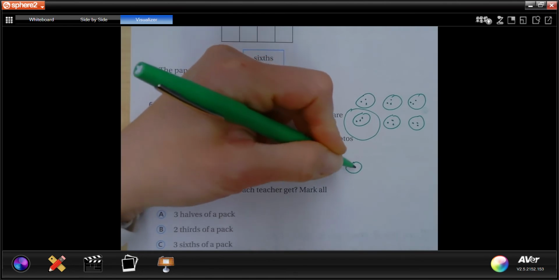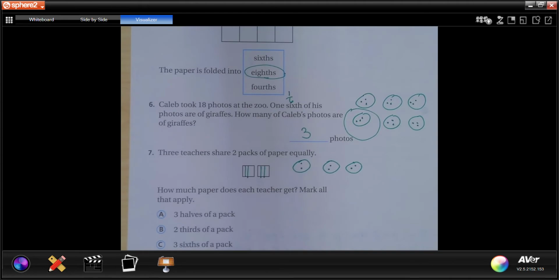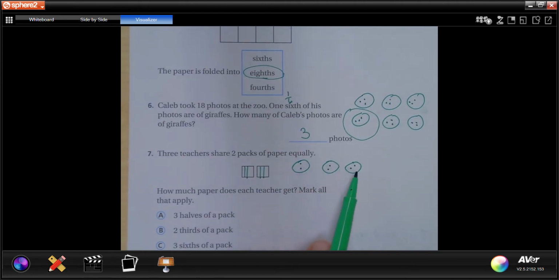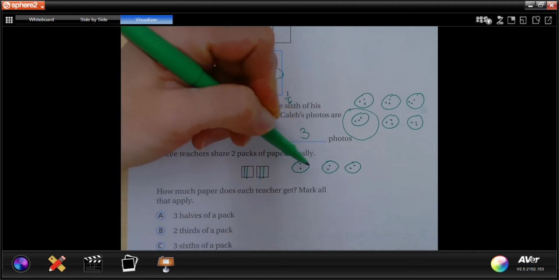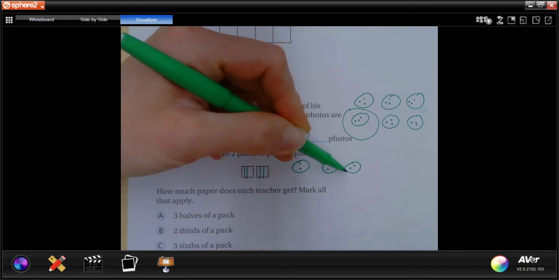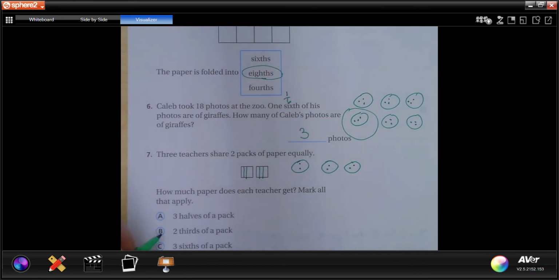Okay, so each teacher, 1, 2, 3 teachers, and they're sharing all of these pieces equally. Each teacher, there's 3 teachers, 1, 2, 3, and they each get how many? 1, 2. They each get 2 thirds of a pack.